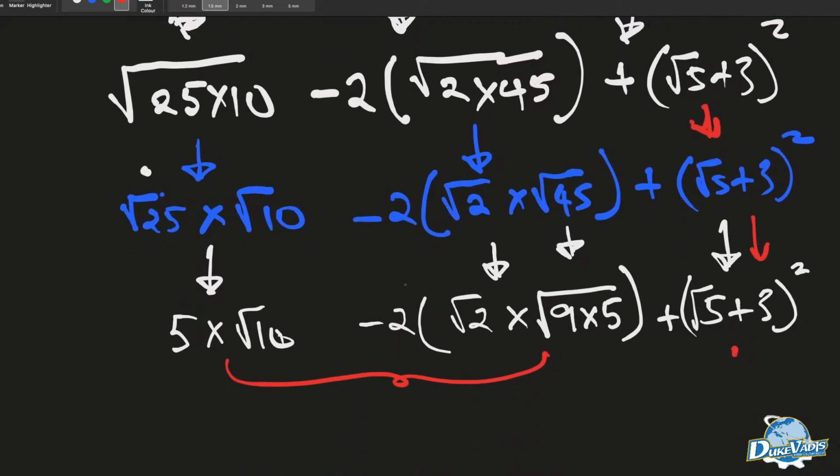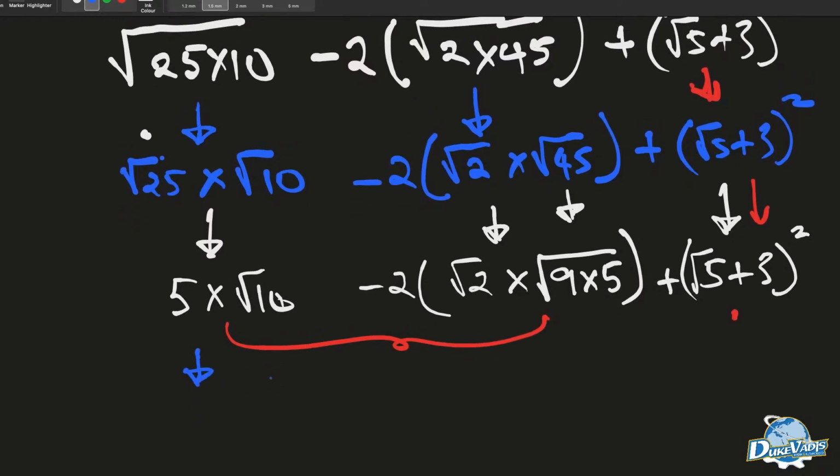Now, if I come here, I know surd of 5 times surd of 10 will give me 5 surd 10. Have you seen it? I've got my minus 2 out. I now have my surd 2. And this one, I can also break down.